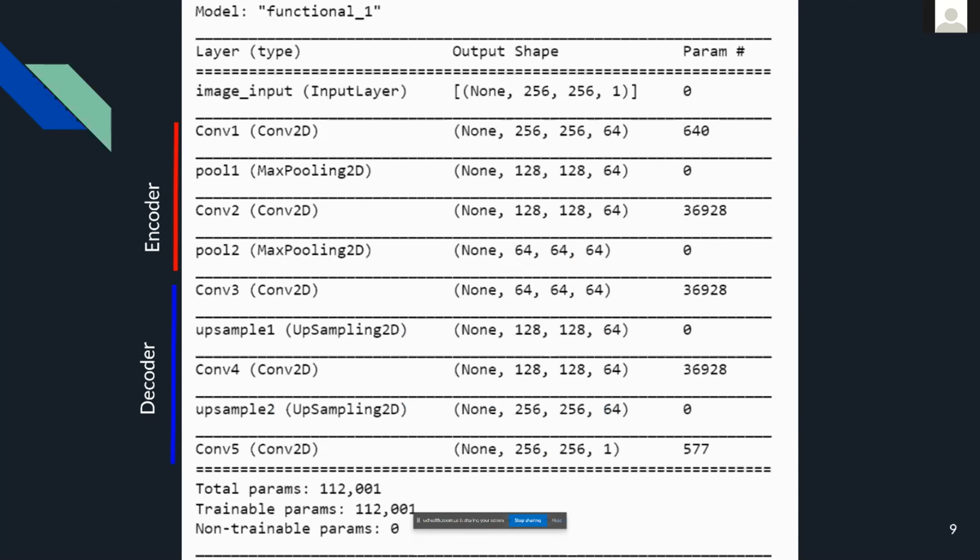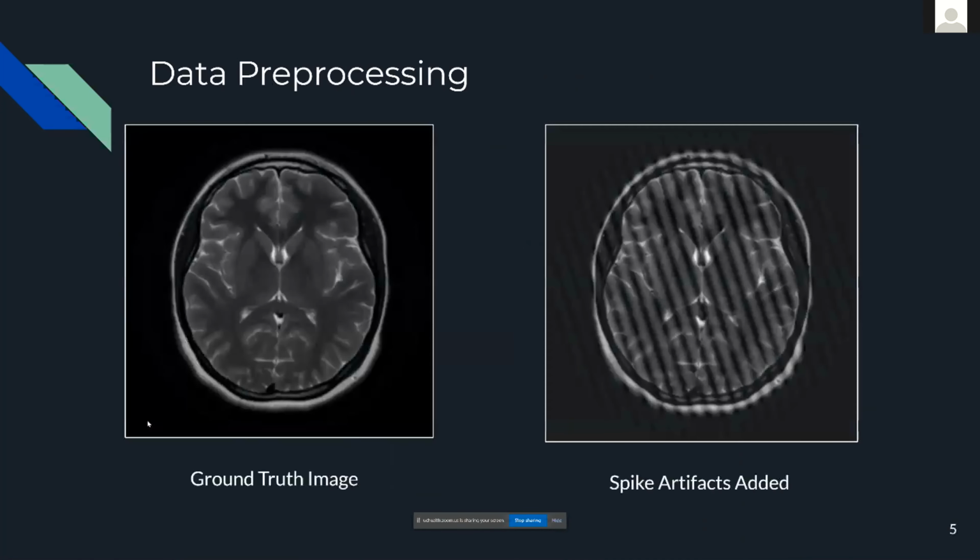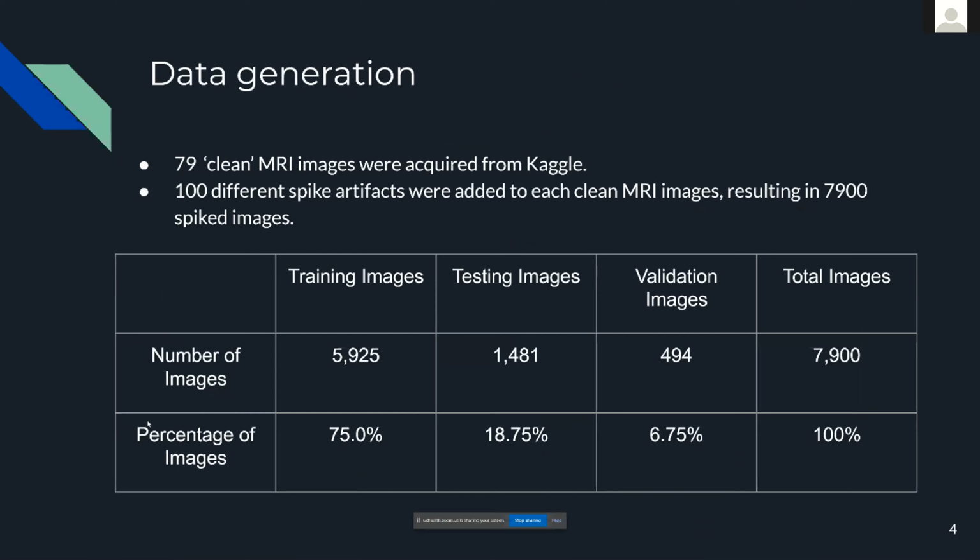The question is about the training and test data set split. Did you add the spike for all of them?